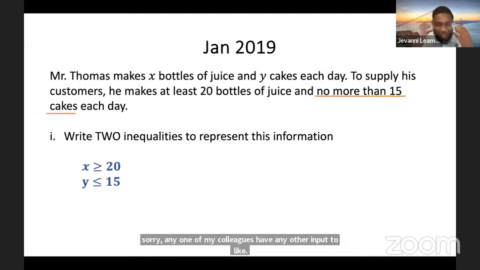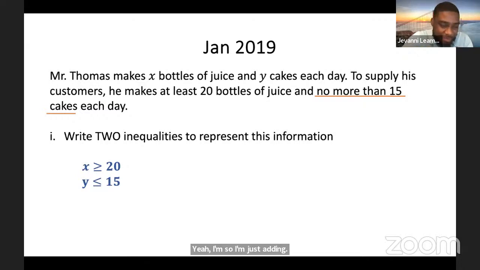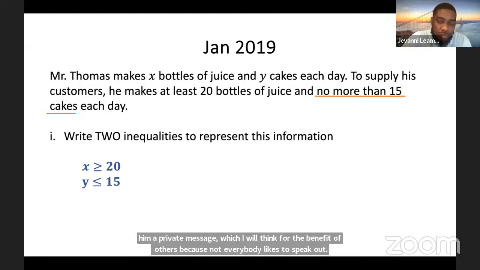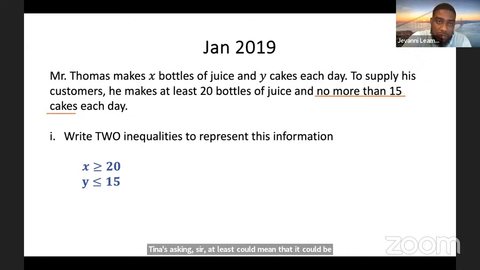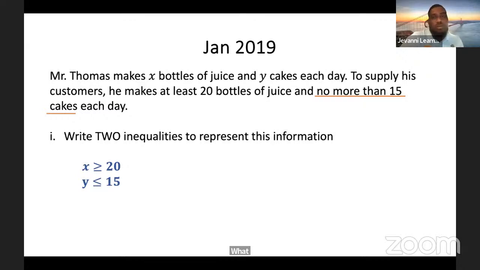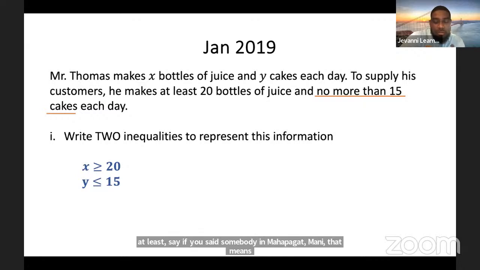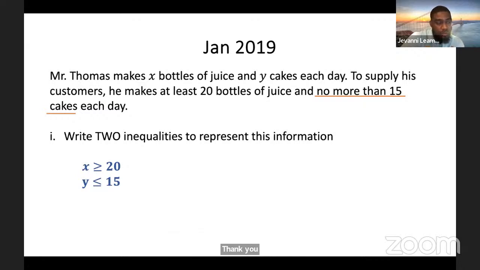So I'll just add in, yeah. I sent Kino a private message, but I'll just say it for the benefit of others, because not everybody likes to speak out. Kino's asking, sir, at least could mean that it could be less also, and it's probably because least and less, they're thinking of least being related to less. But if you said to somebody, I need at least 5 bills to buy something, and you have 400, which is less than 500, you can't buy what you need.